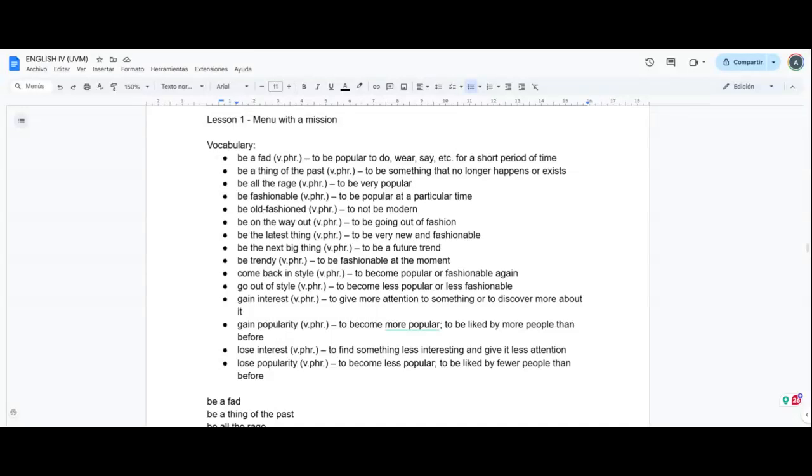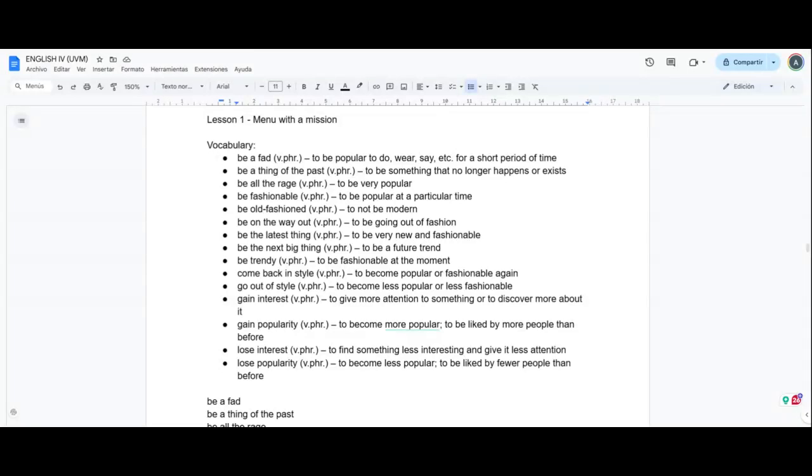Go out of style, to become less popular or less fashionable. Gain interest, to give more attention to something or to discover more about it. Gain popularity, to become more popular, to be liked by more people than before.